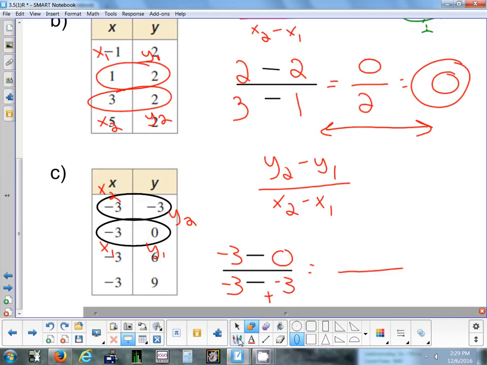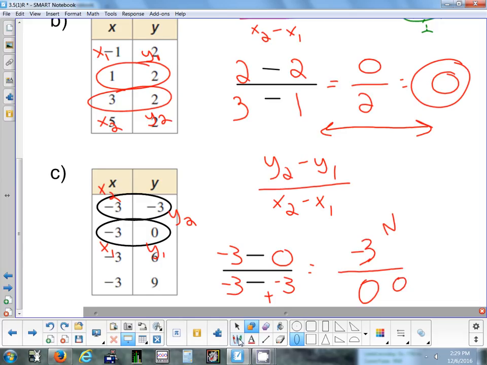All right, -3 minus 0. -3. Right? You owe someone money, you don't give them any, you still owe them money. All right? So -3 on the top. On the bottom, -3 plus 3. 0. Uh-oh.